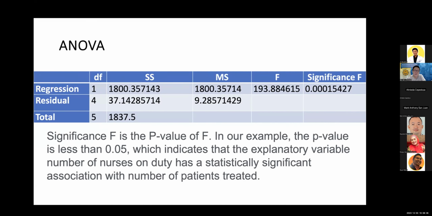So for your ANOVA, what is important there is the significance level. Yes, Doc. 0.00152727. So at this stage, what is the significance level of your null? 0.05. So you compare that with the significance level of your test. So as early as now, can you deduce any conclusion?